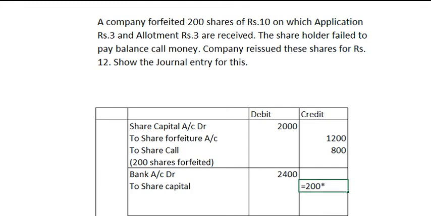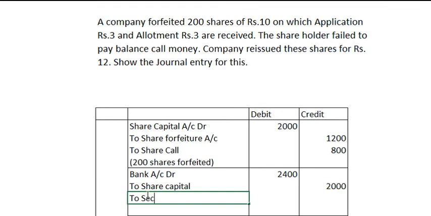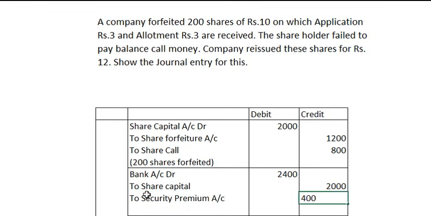The face value of the share is 10 rupees. Then this extra 400 received is in the form of premium. That amount is to be credited to an account called Securities Premium Account, rupees 400, which is 2 into 200. So now we have reissued the shares at a premium.